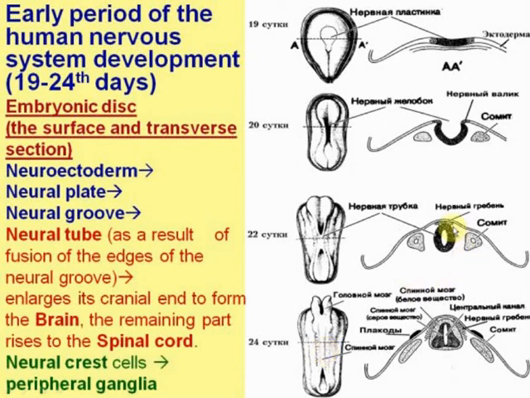There is also a group of cells between the neural tube and the ectoderm called the neural crest. These cells are the source of neurons and neuroglia of the peripheral nervous system.